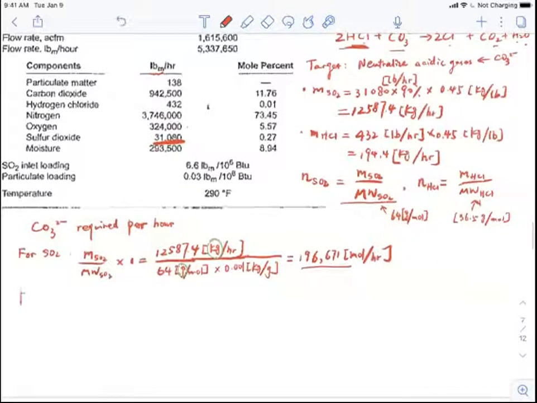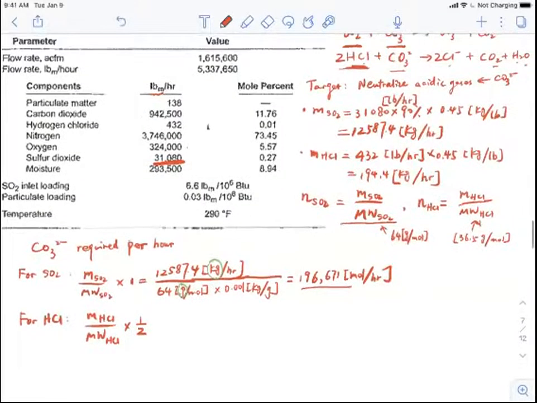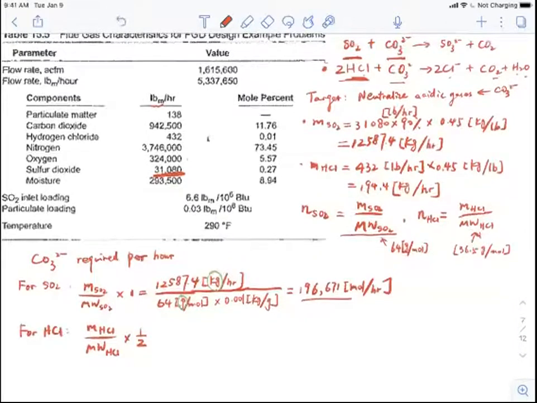And for the hydrogen chloride, we need M_HCl divided by the molecular weight of HCl, multiplied by 1/2. The reason is that in order to react 1 mole of the hydrogen chloride, you need 0.5 mole of the carbonate ions.